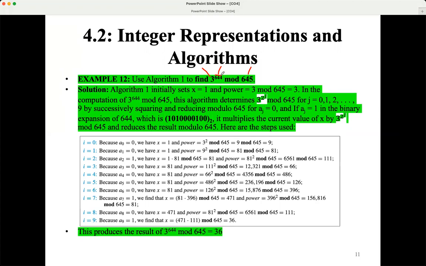If you start the binary representation, the first position is 1, then 2, 4, 8, 16, 32, 64, 128, 256, 512. 512 plus 128 plus 4 would become 644.